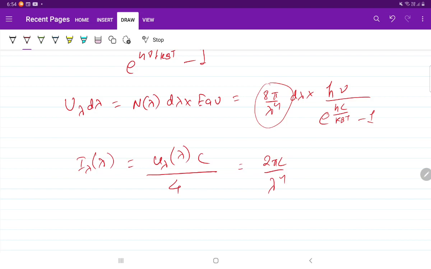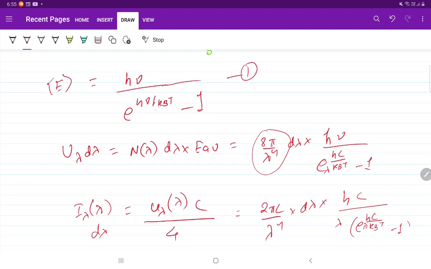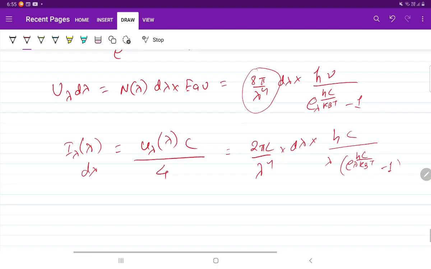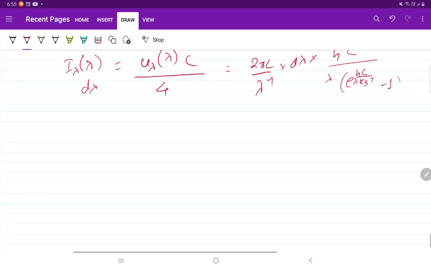Well, I'm not talking about d lambda here. So if I consider the I lambda d lambda, we'll get d lambda into h nu, basically hc by lambda, into e to the hc by lambda kBT minus 1. Yeah, here there will be a lambda in the denominator. Okay, hope you get it.